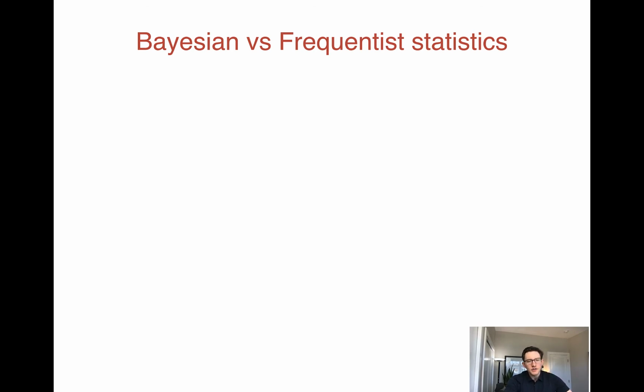Although when I go into Bayesian, you'll see why it plays a very central role for Bayesian approaches. What differs between these philosophies is what we mean when we talk about a probability.